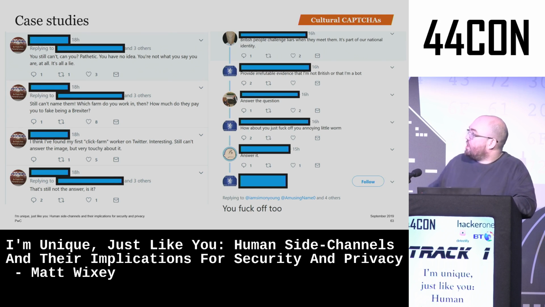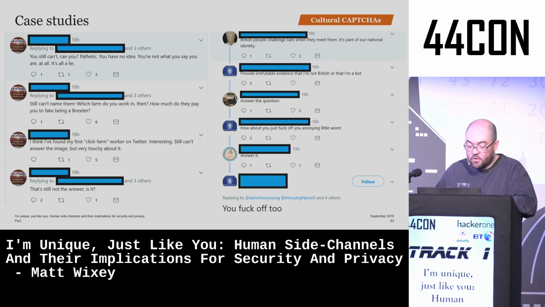Apologies in advance for the bad language on this, but the account that posted the question is the first one speaking here on the top left, and the person they're targeting is the one with the Chelsea flag as the profile picture. You can see there's a pretty long conversation where this person with the Chelsea flag has refused to answer that question.